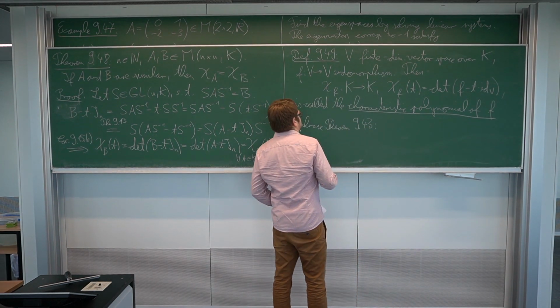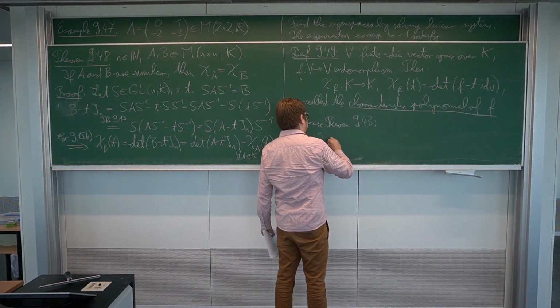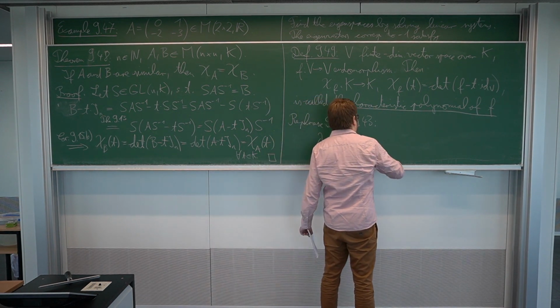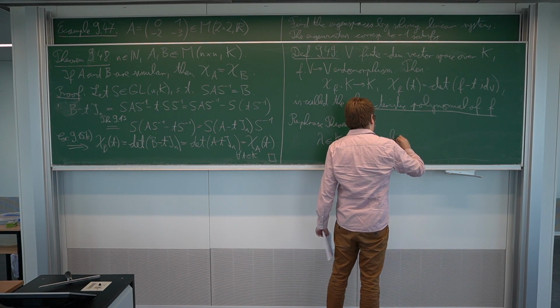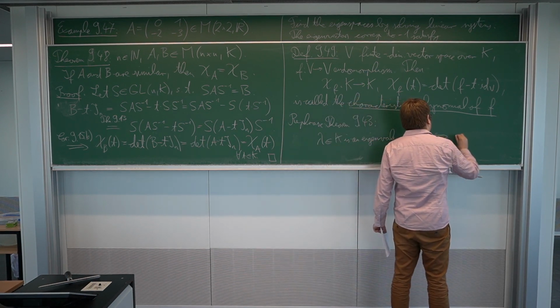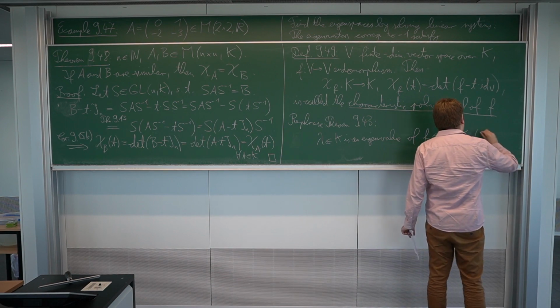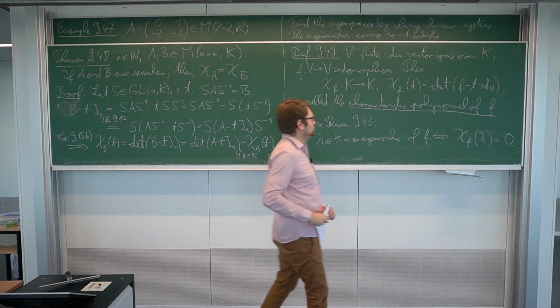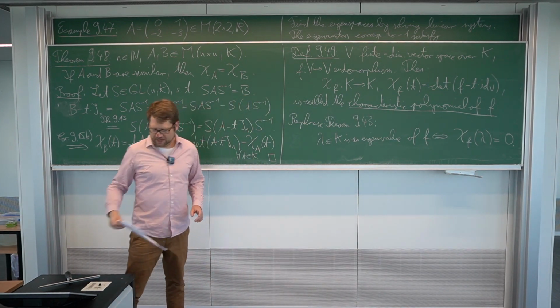In other words, this said: lambda in K is an eigenvalue of f if and only if the characteristic polynomial of f vanishes at lambda. So this is just using new notation, no new mathematics.